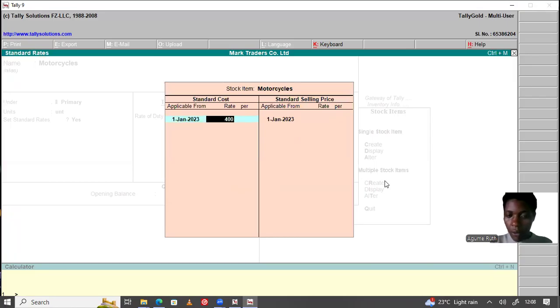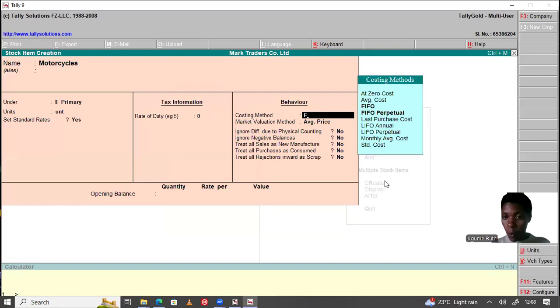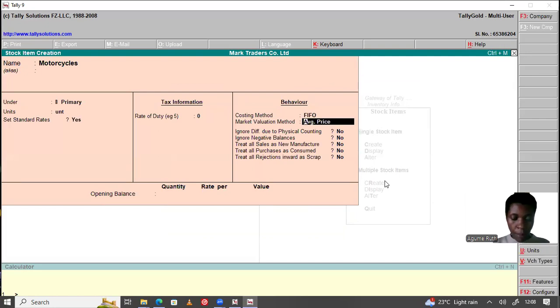The opening is 4 million. Then the selling price is 4.8. Here, the costing method, I can use FIFO. Then the market price, I can use standard rates. Then the opening quantity is 8, and we use it for the cost price.